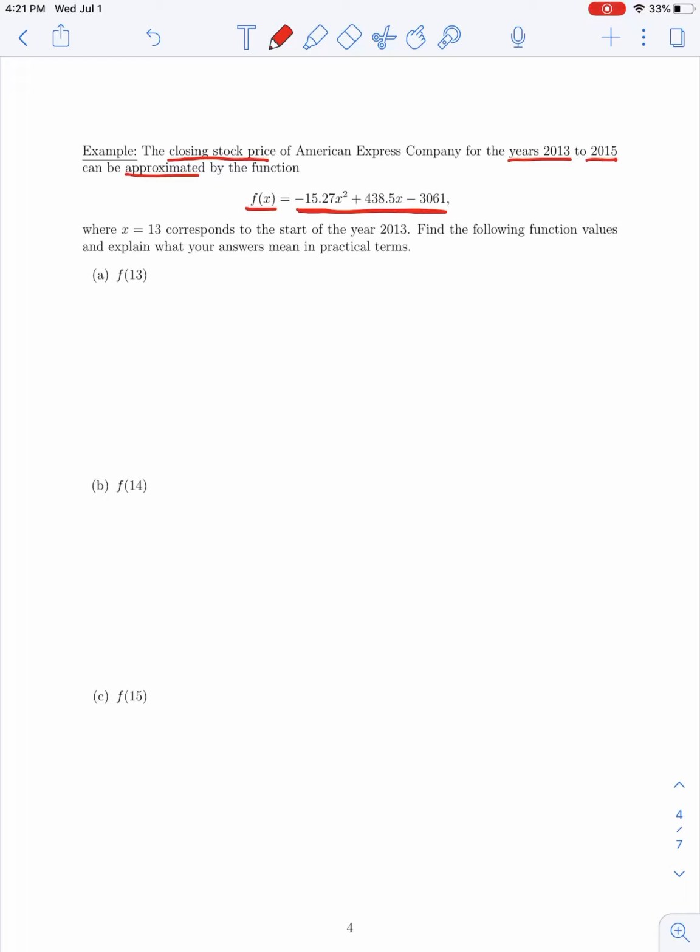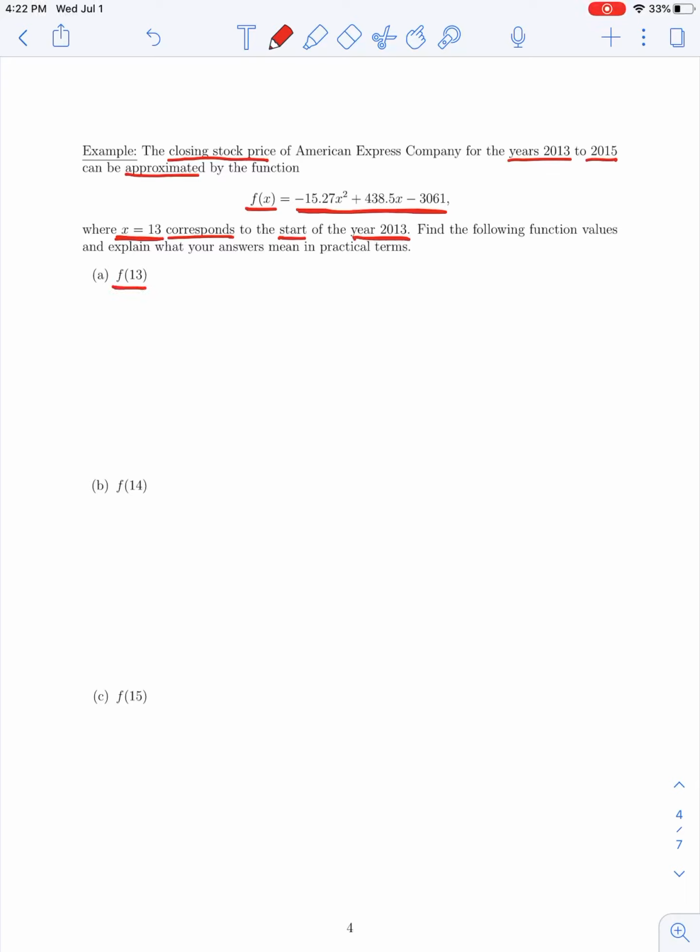Now this function is giving us the closing stock price where the value x that we're inputting to this function corresponds to a specific time. Now x equals 13, we're told, corresponds to the start of the year 2013. So for this setup, we're asked to find the following functional values and explain what our answers mean in practical terms. So in part A, we are asked for f of 13.